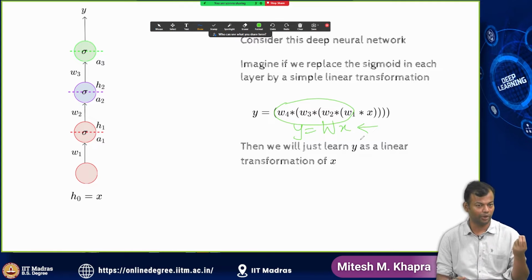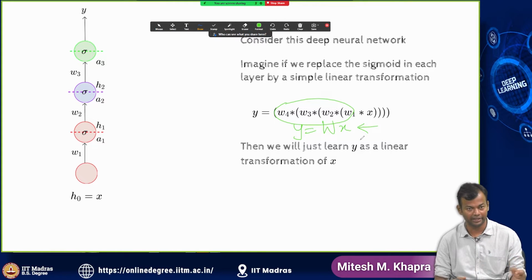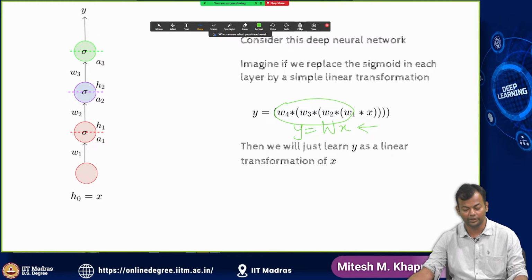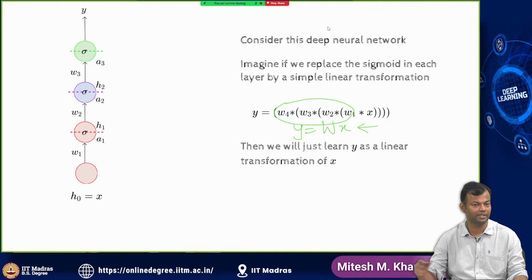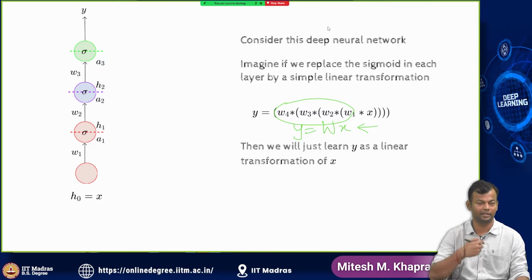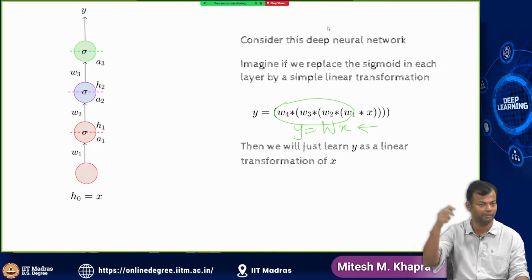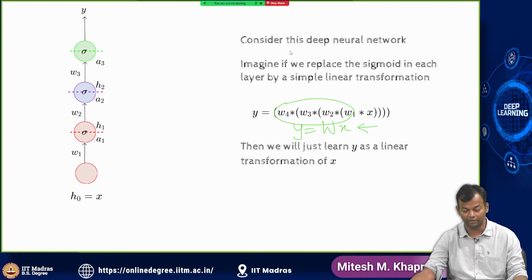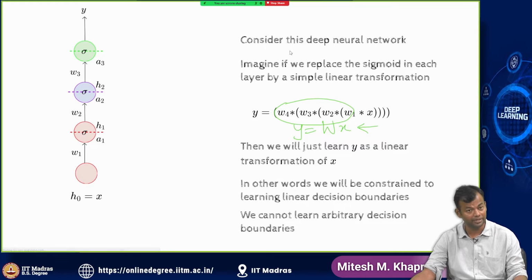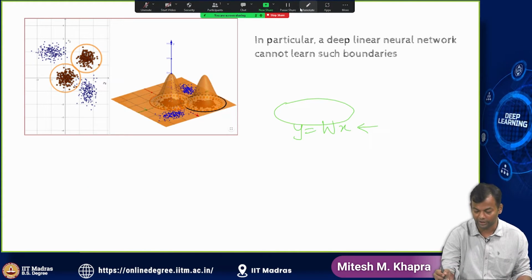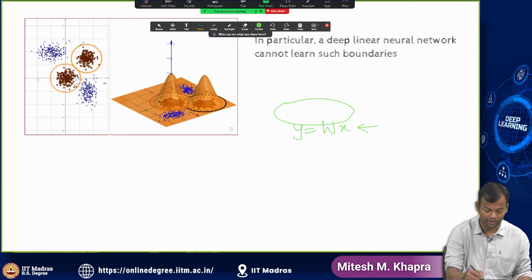But if you remove the non-linearities, then you just have a linear transformation of x, and you are just going to learn linear decision boundaries, because you have just said that y is equal to wx. You are assuming that the relationship between y and x is given by a line, or a hyperplane in higher dimensions. In particular, if you have complex decision boundaries like the one we had here, where you really need something non-linear, you're not learning a line.